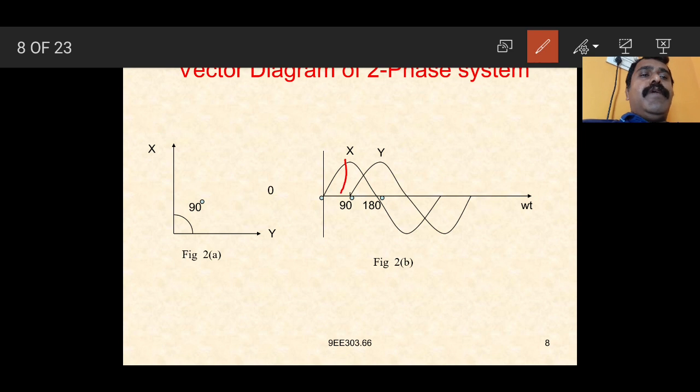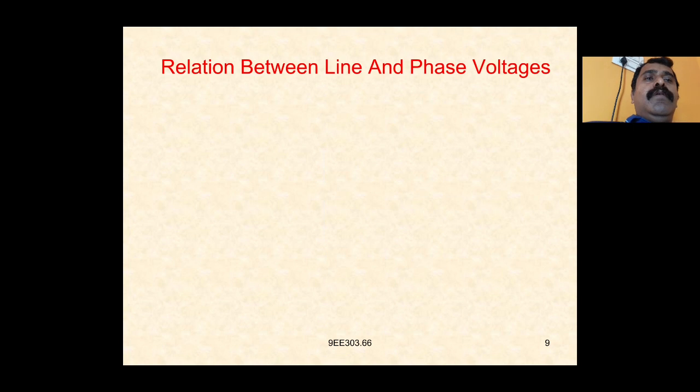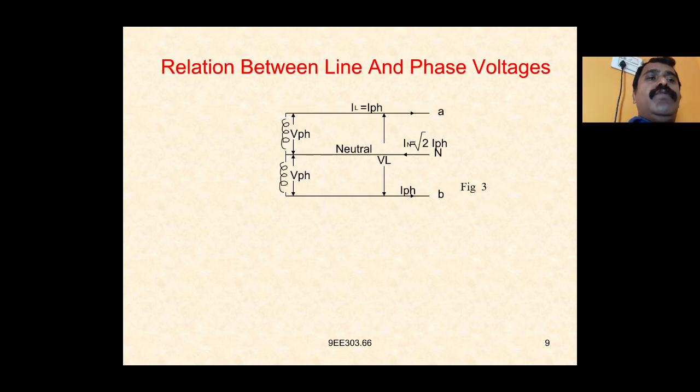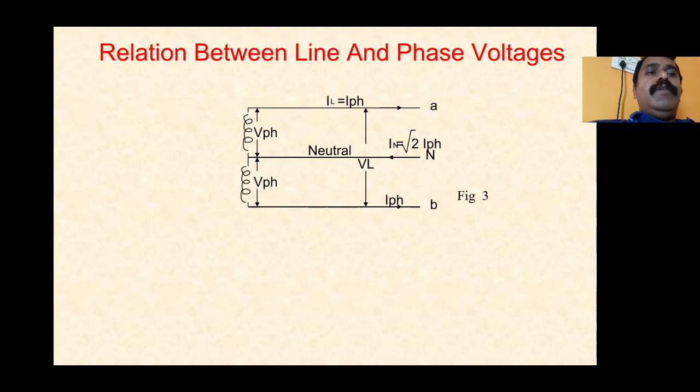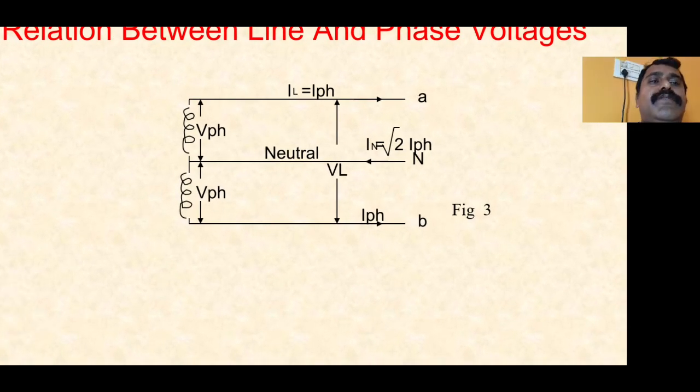The EMF induced here is maximum, and here it is minimum. The relation between line and phase quantities, if the two windings are connected, is that IL equals I phase and IL equals root 3 of I phase.